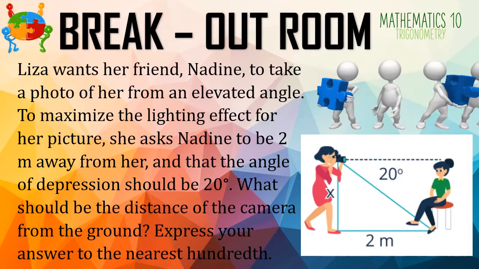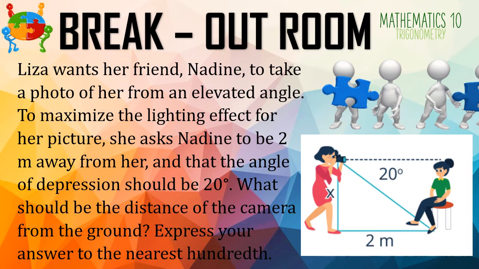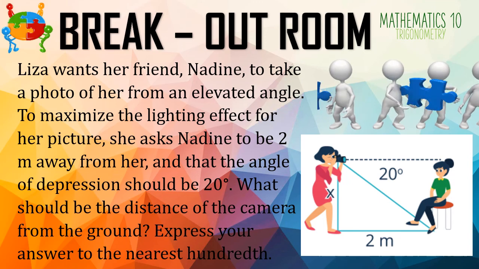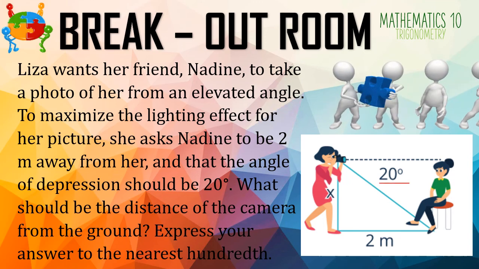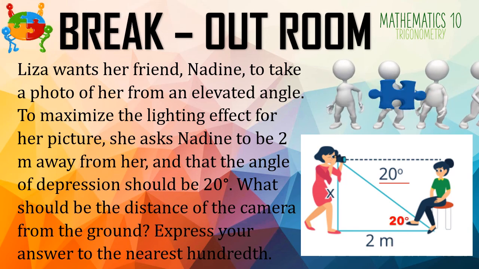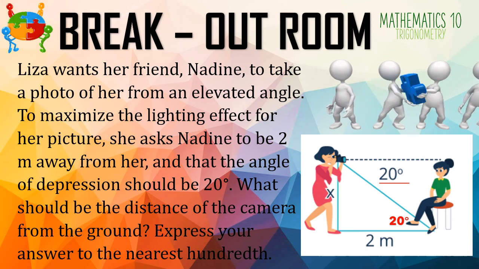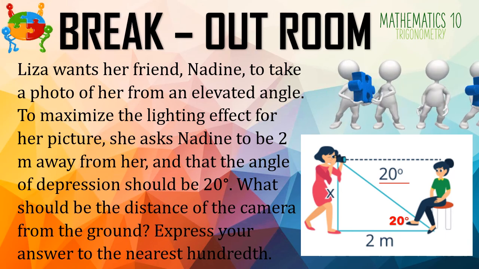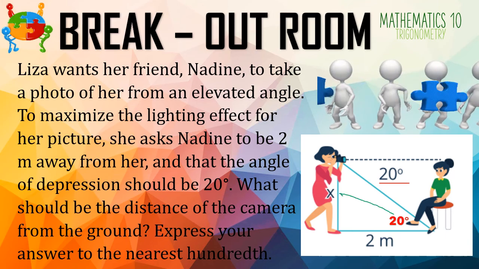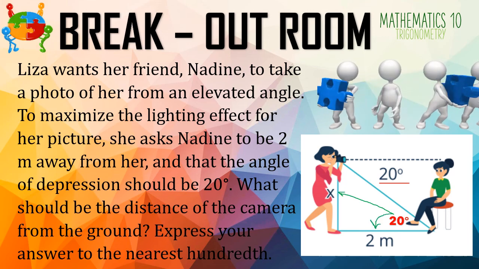Okay, next, based on our problem, the angle of depression is 20 degrees. Following the concept of alternate interior angles, that means this is also 20 degrees. Now, identifying the parts of the triangle based on the given data, x here is our opposite and 2 meters is our adjacent.